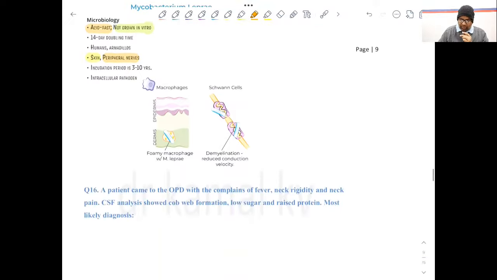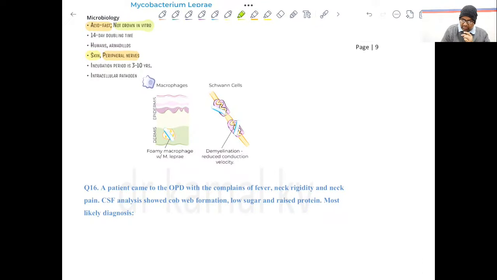Clear? Then moving forward, a patient comes with complaint of fever, neck rigidity with neck pain, and this is suggestive of meningitis. Clear? So for meningitis we will do CSF analysis after doing lumbar puncture, and what we are getting here: cobweb, low sugar and high proteins.